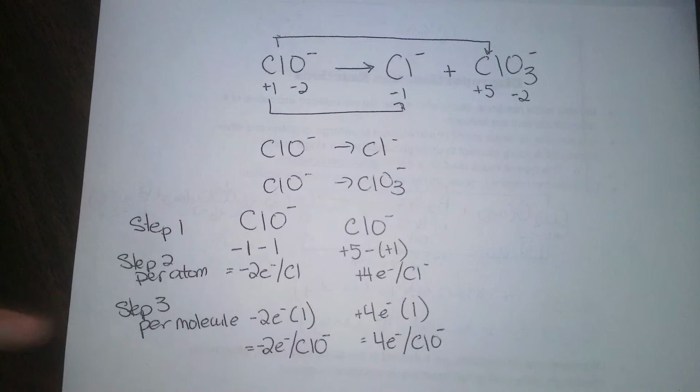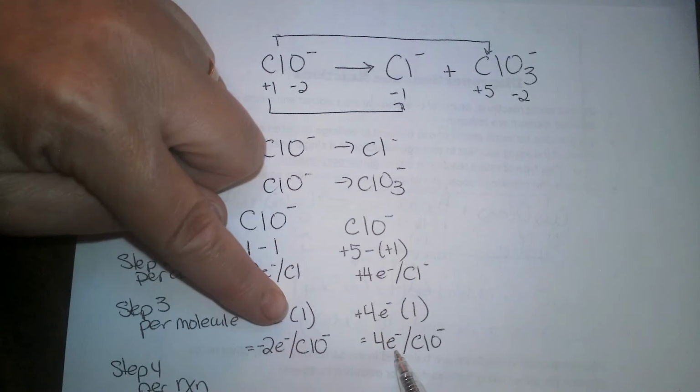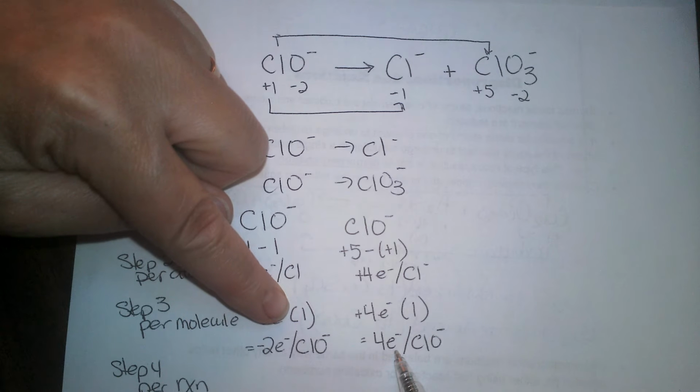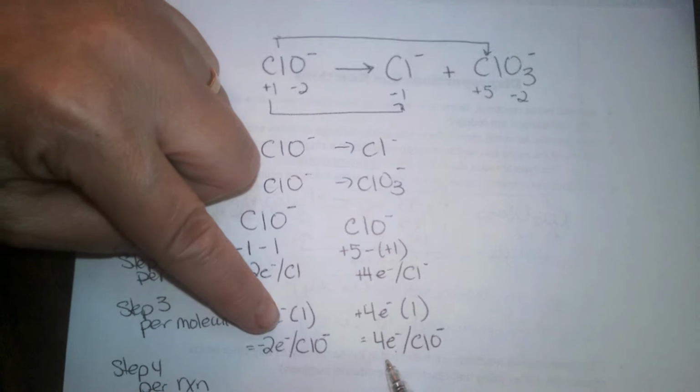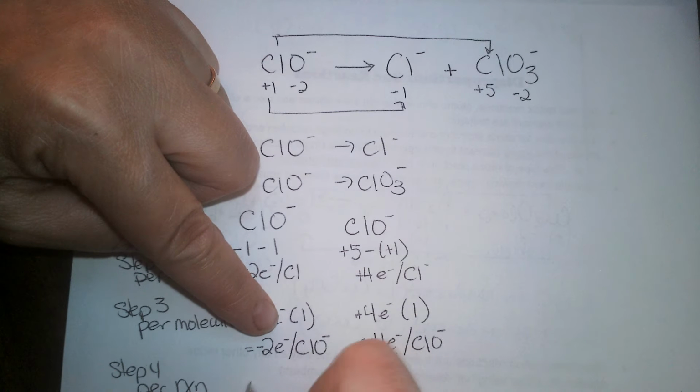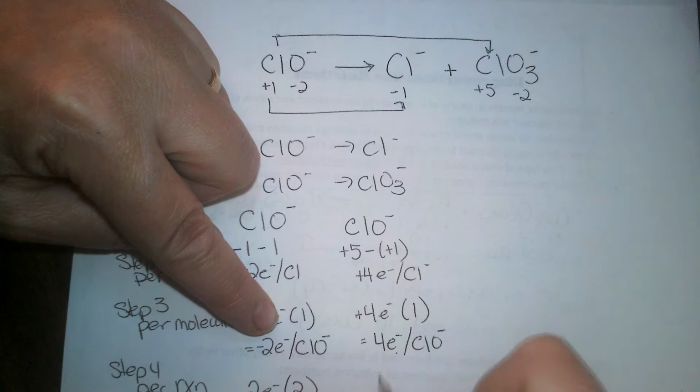Okay. Step 4 was per reaction. Well, I've got 2 and I've got 4. So what do I need to do? Two electrons times 2 and 4 electrons times 1.